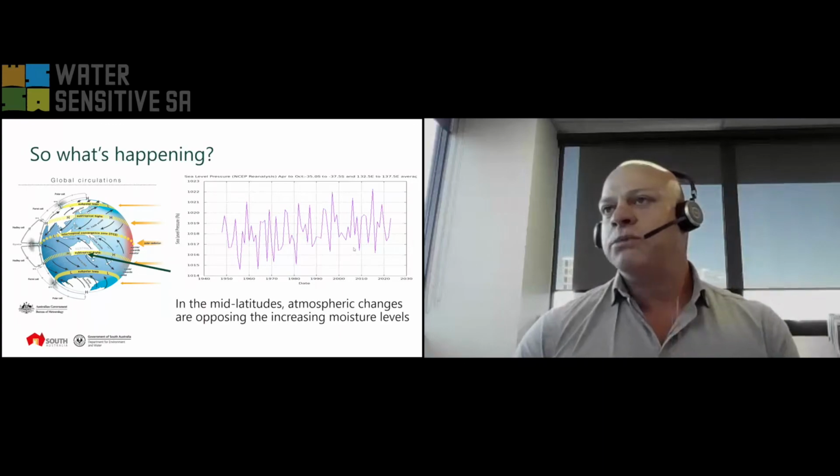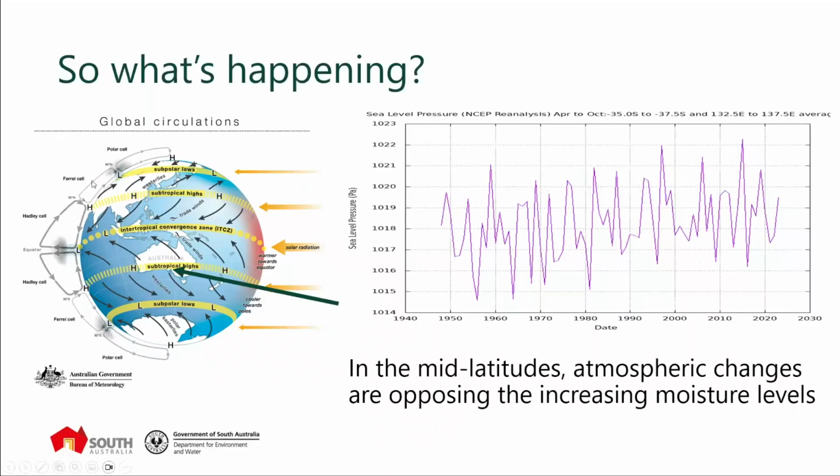And so in a warming planet, basically the Hadley circulation expands, and we see changes in the atmospheric circulation, which mean we're seeing more subsidence or sinking down of the atmosphere in the mid-latitudes from that Hadley circulation. So warm air rising up, moves towards the poles, sinks down in mid-latitudes and forms a subtropical ridge.